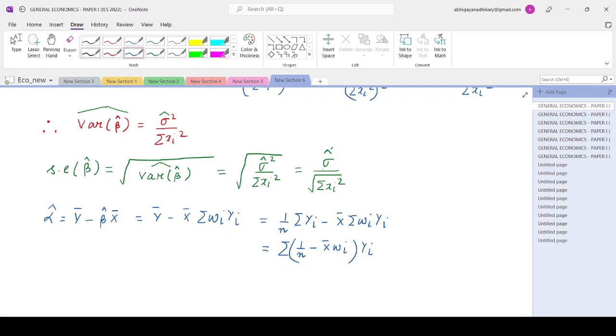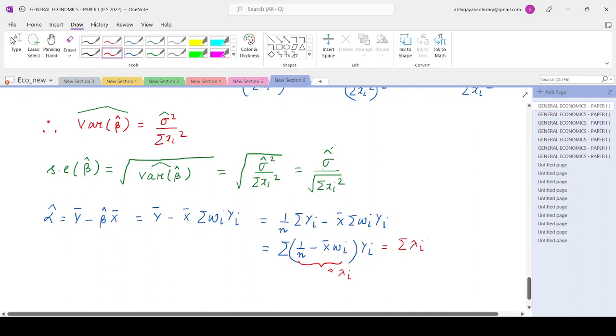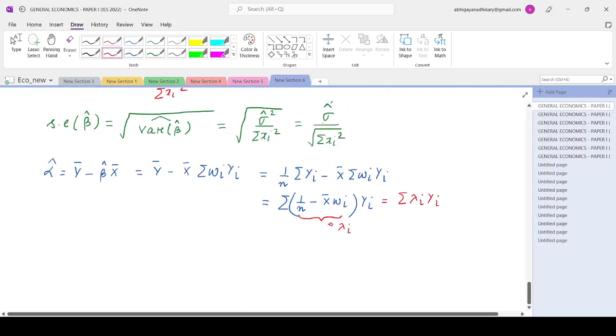Correct? And let me denote this thing as, let's say, lambda i. So this is basically summation lambda i yi. So once again, what you essentially get is that alpha hat is basically linear in yi's. A pretty similar kind of result that we are getting.